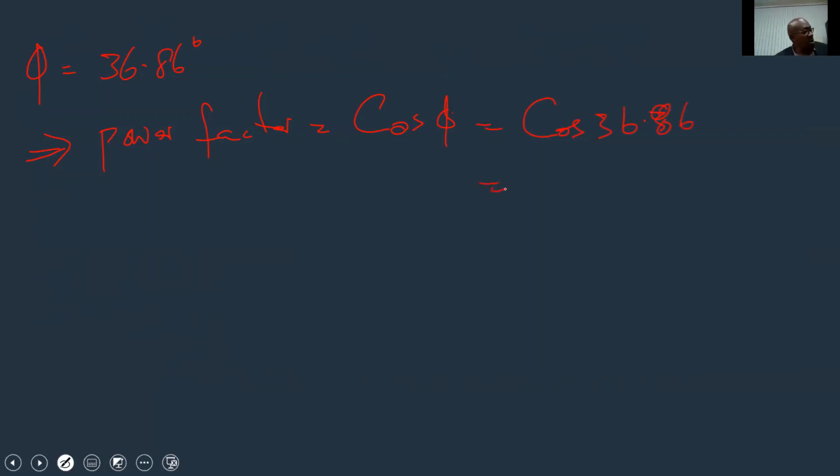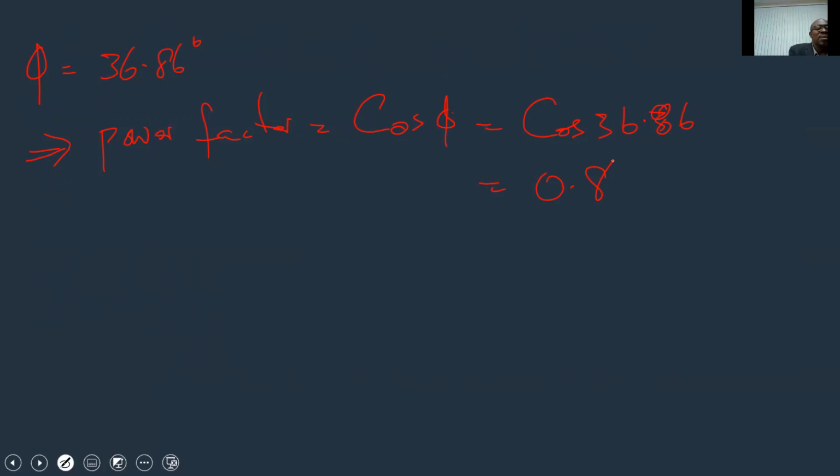Our phase angle phi is equal to 36.86 degrees, which implies that our power factor, which is equal to the cosine of phi, would be the cosine of 36.86, and that's equal to 0.8.